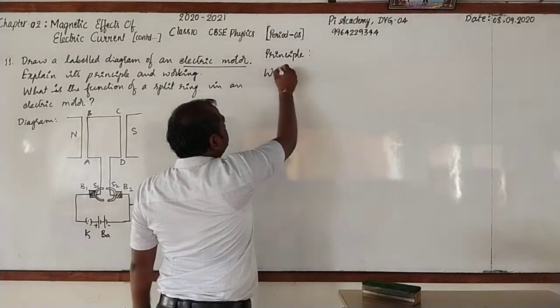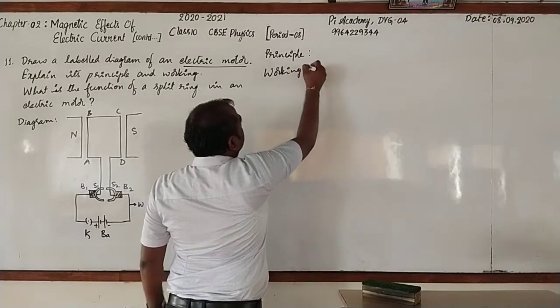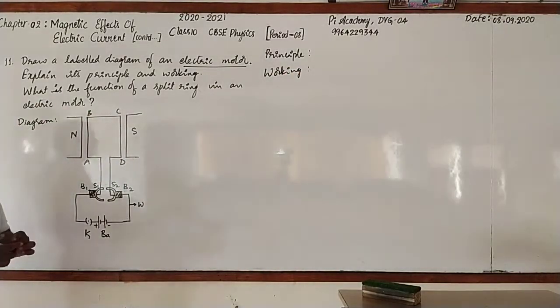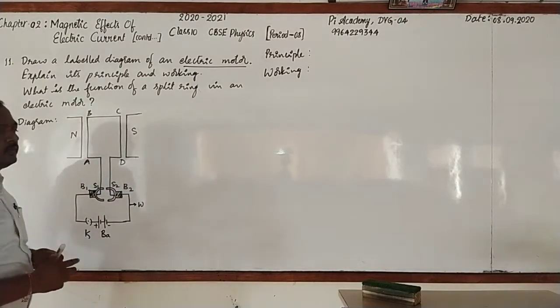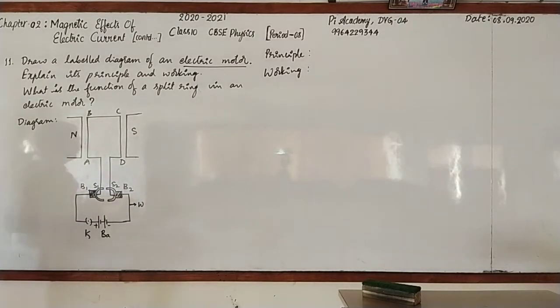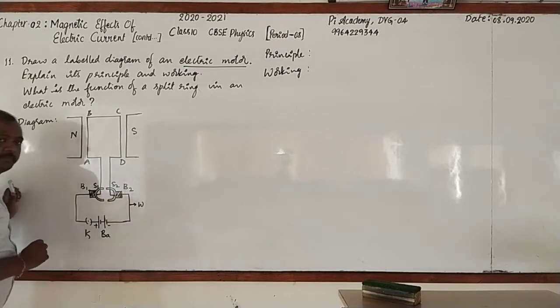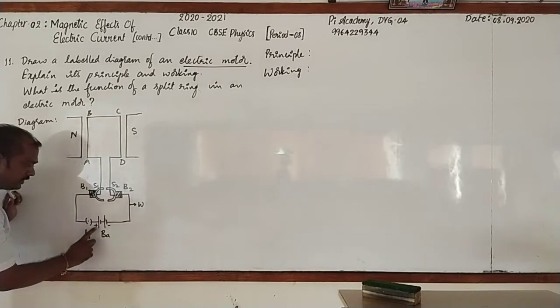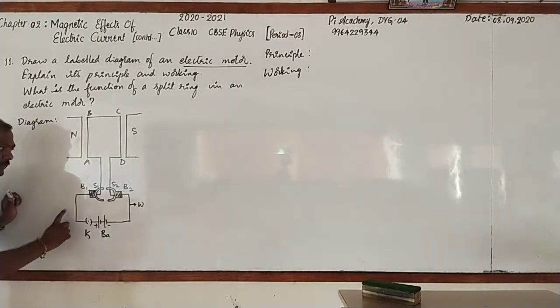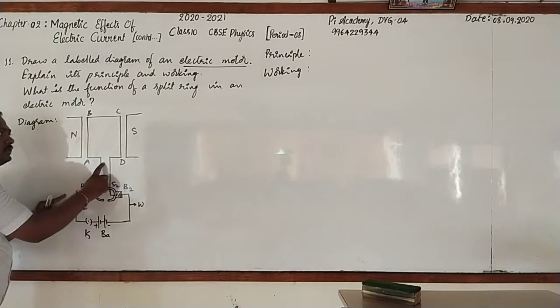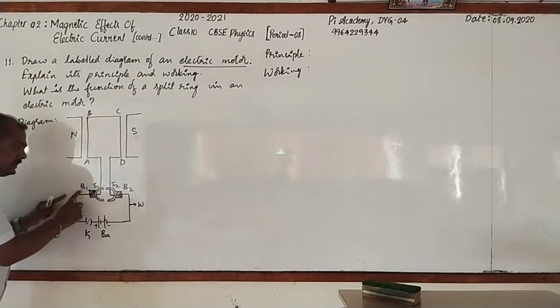Already it has been explained during the theory class only. Anyway, once I just go for explaining it in brief. Working, observe it. The current from the positive terminal of the battery enters the armature ABCD through B1.